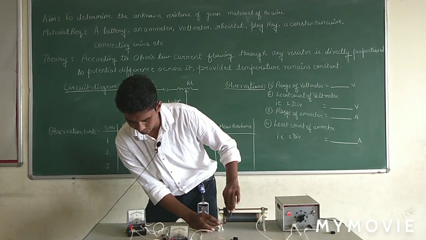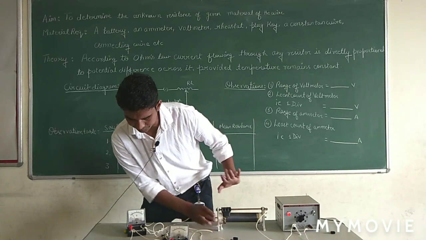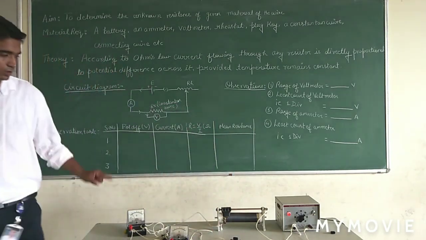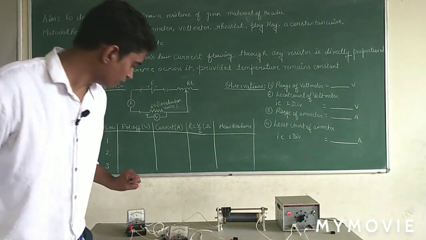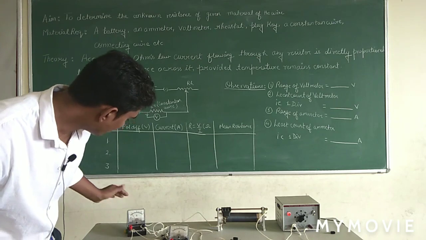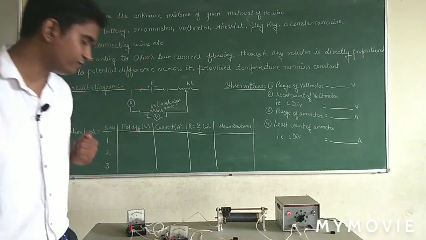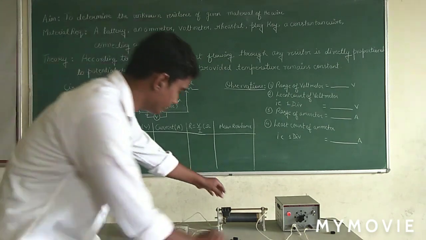Okay, now the needle is moving. As this slider has reached here, the reading of the ammeter is between 0 and 0.5 ampere. I cannot say it exactly, and the voltmeter is showing nothing.